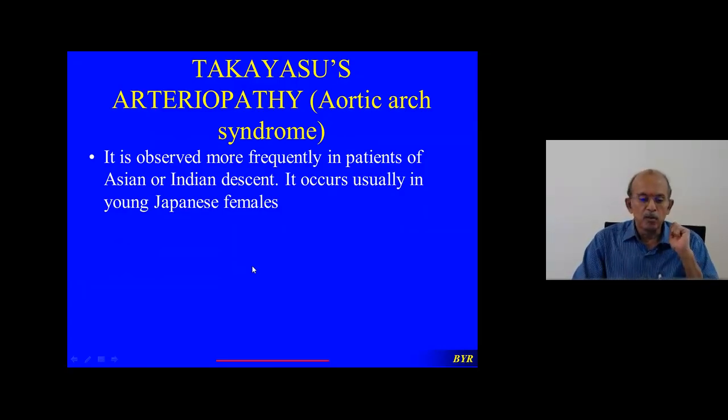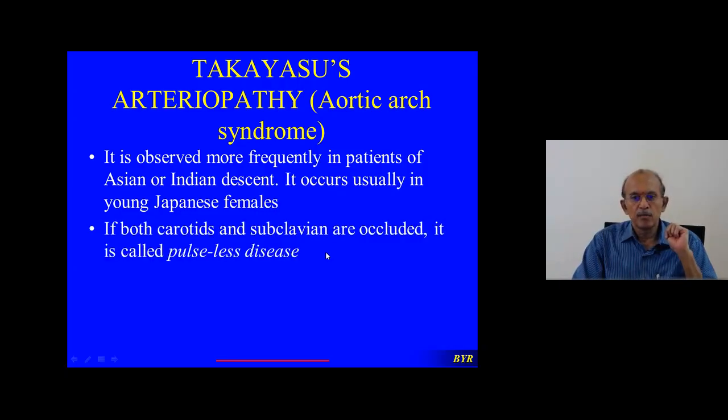It is observed more frequently in patients of Asian or Indian descent. It occurs usually in young Japanese females. If there is arteritis of the aortic arch with absence of pulses in the carotid and subclavian, then it is called the pulseless disease.